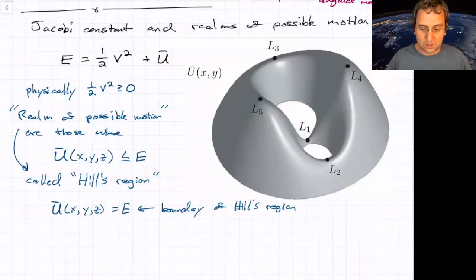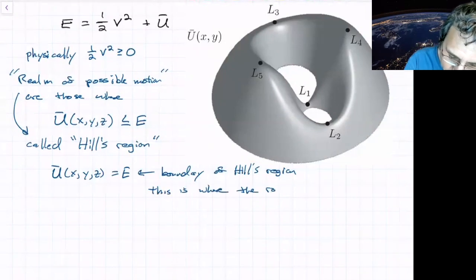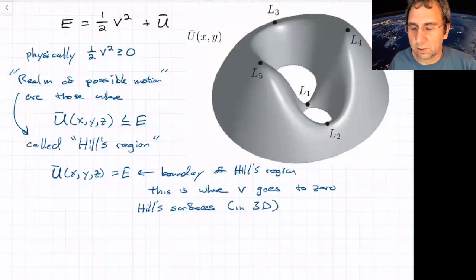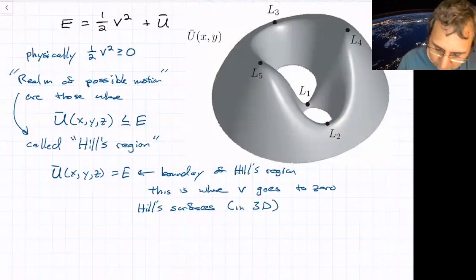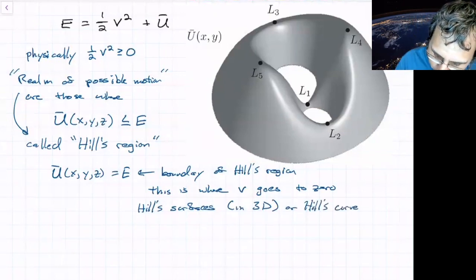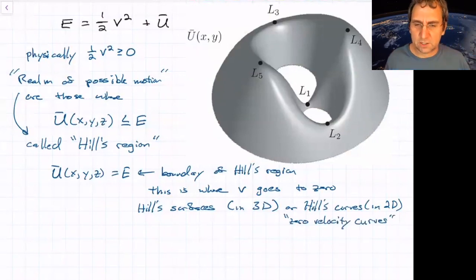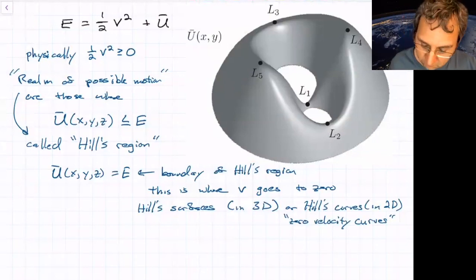So these are called the Hill's surfaces if we're looking at the full 3-dimensional circular restricted three-body problem, or Hill's curves if we're talking about just 2D. They're also called the zero velocity curves.